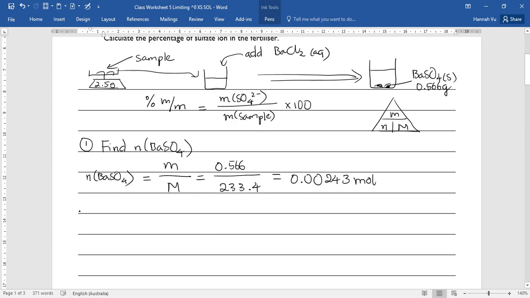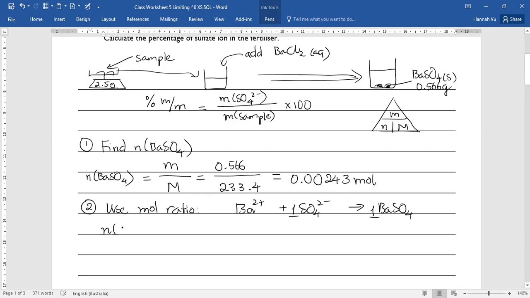Now from here, I'm going to use mole ratio because ultimately I want to find the mass of sulfate ion. So I'm going to find the number of mole of sulfate ion from the number of mole of barium sulfate. I'm just rewriting the equation that is provided to you: barium plus sulfate equals barium sulfate. If you look at the coefficients, it's a 1:1 ratio.